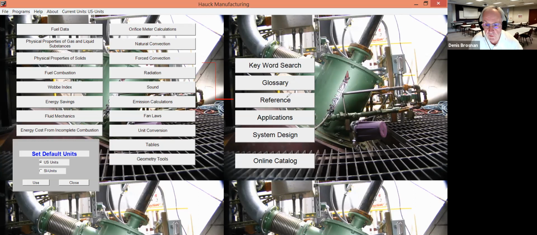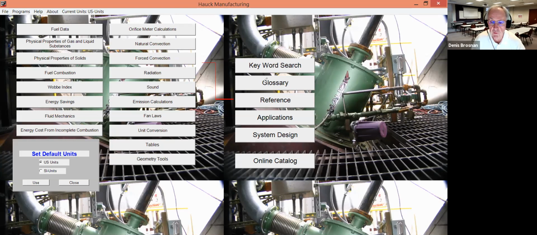So I've opened the reference window here. We're going to use the applications window quite a lot in our journey through furnace design. We're not going to use the system design window very much. I found it maybe takes away from what we're trying to do in this particular course.